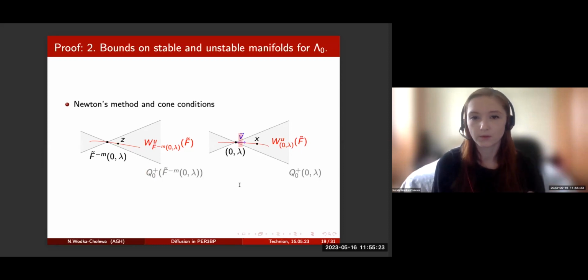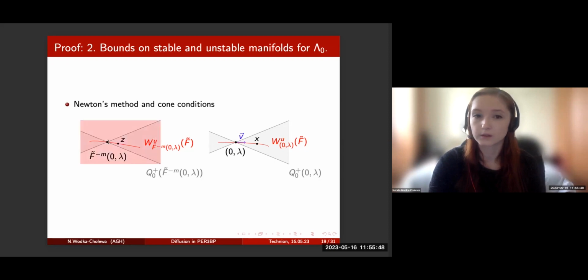And if you find for our point 0 lambda, you take the matrix of derivatives and you calculate the unstable eigenvector, you know that backward in time, if you go with the function backward, you will be closer and closer to, of course, the origin 0 lambda, but f minus m, right, before.